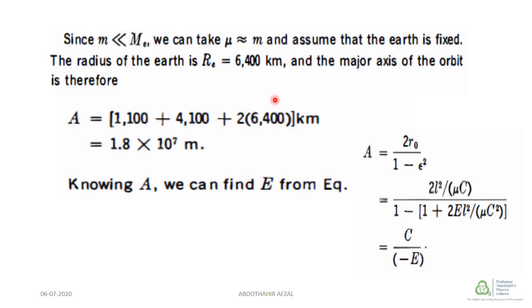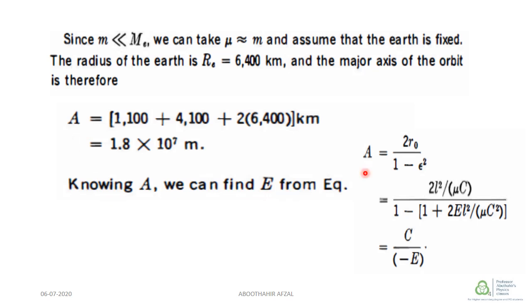So this is the diameter of the Earth, this is the distance to the farthest point, this is the distance to the closest point. If you add all these values, you will get 1.8 × 10⁷ meters.